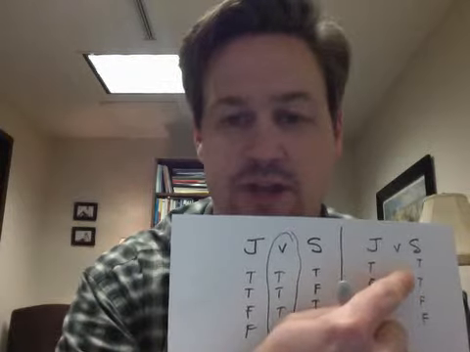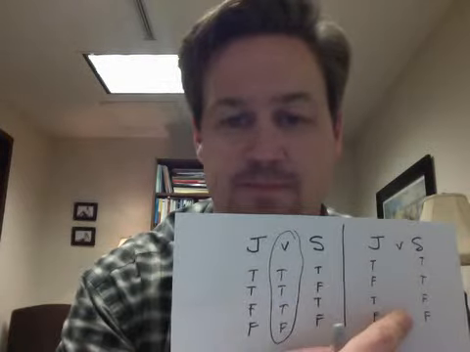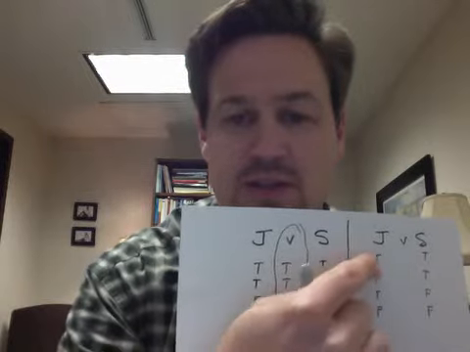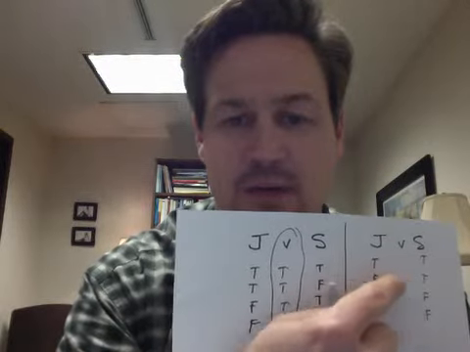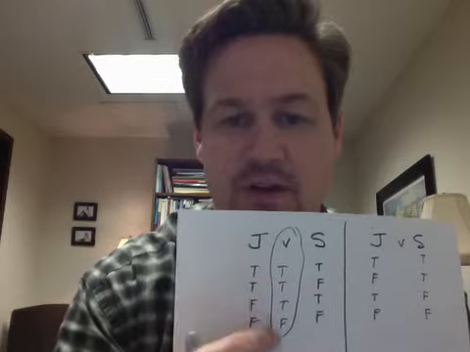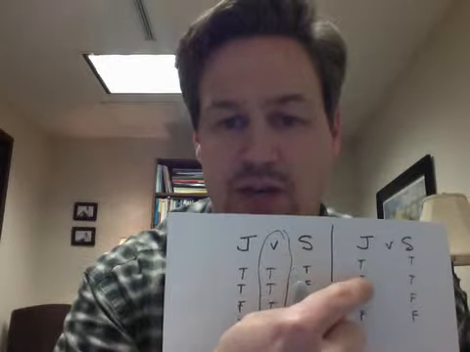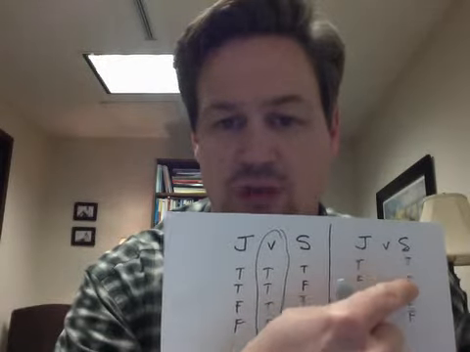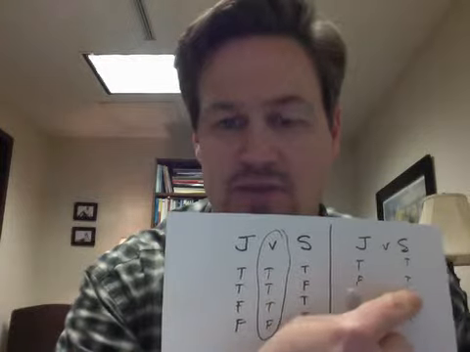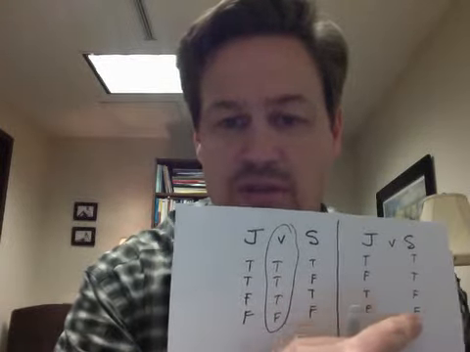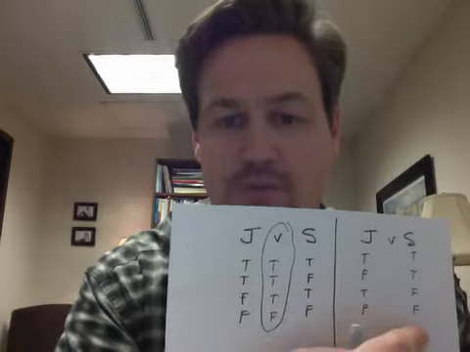So instead of alternating, it's true, true, false, false. All right? But as you can see, we have the same arrangement of truth values as in our other table. These middle two are just flipped, but we still have all the bases covered. Where J is true and S is true, where J is false and S is true, where J is true and S is false, and where they're both false.